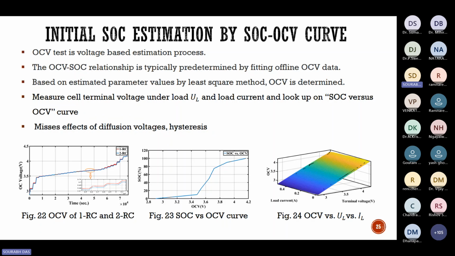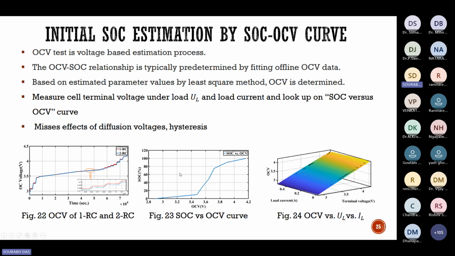So figure 22 is the estimated OCV of the 1RC and 2RC models. Figure 23 shows the SOC versus OCV curve for the two models, and here we can see that this is a highly nonlinear function, which we can express by a polynomial equation, which I will discuss in the next slide.